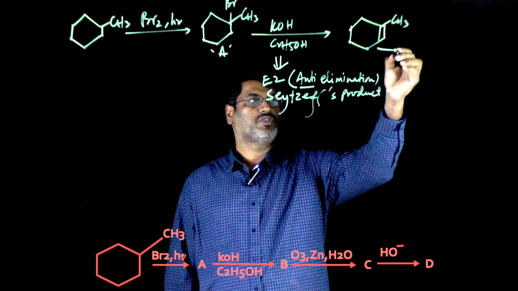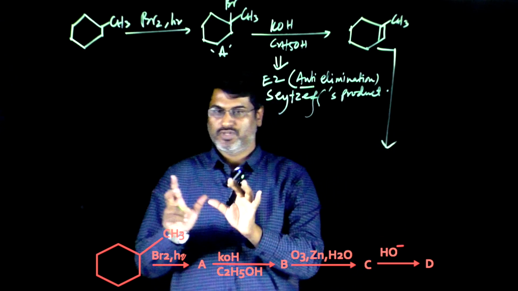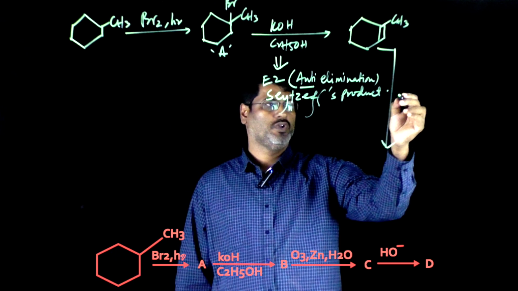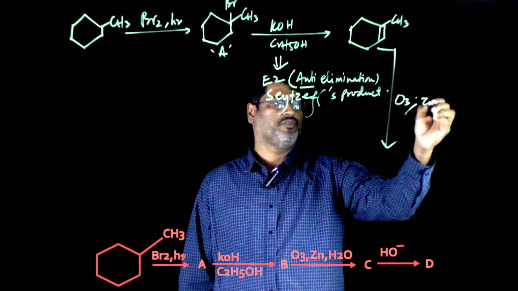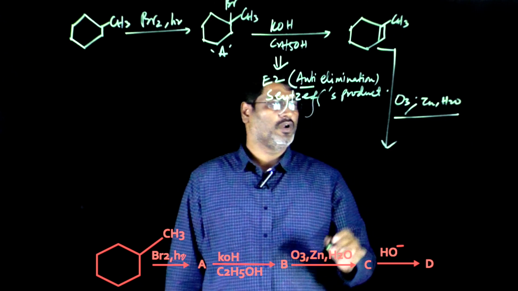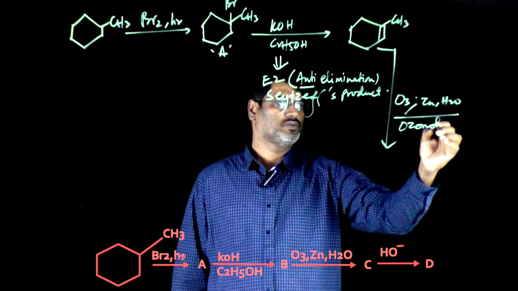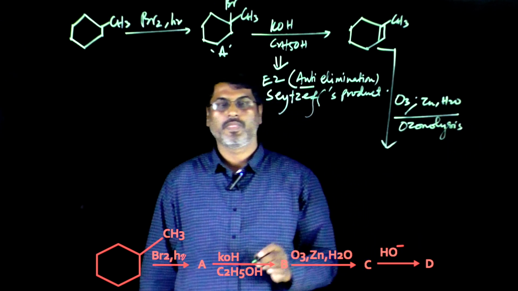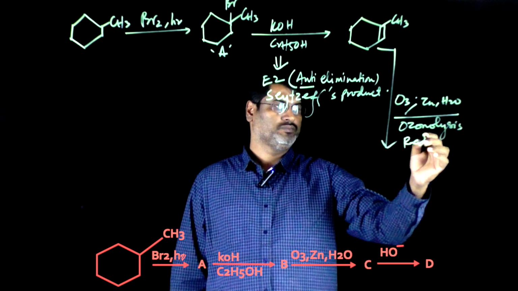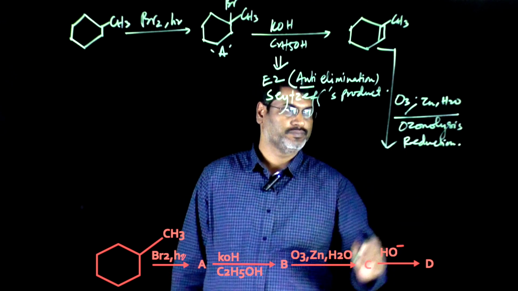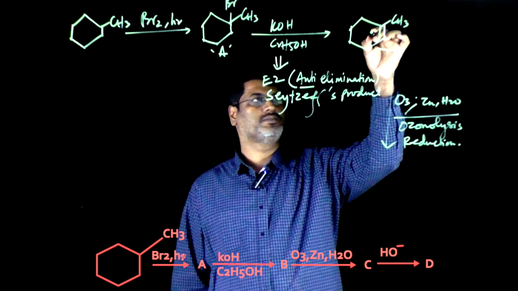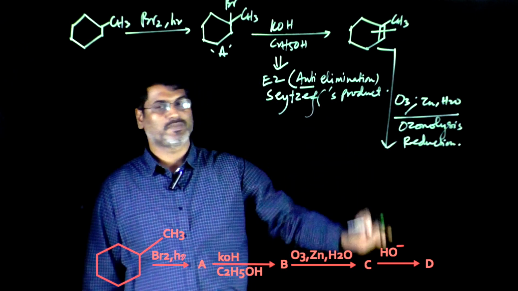You know, this one is further, as per this question, you see that this is treated with O3 followed by treatment of Zn, H2O. This reaction is called ozonolysis, with the following reductive treatment. Zn, H2O is a reducing one, and so in this case the cleavage takes place.